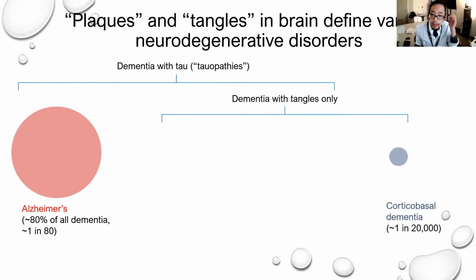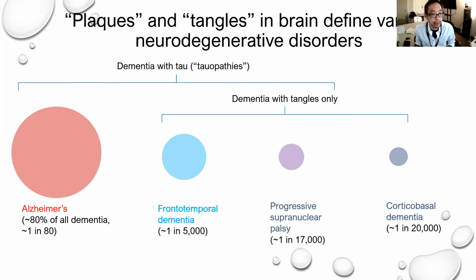So these are disorders such as corticobasal dementia, frontotemporal dementia, or progressive supranuclear palsy. So these are all disorders that only have tau, and there's no beta amyloid, these plaques. So what we can notice here is that basically the frequency of these tau-only disorders are only a fraction of Alzheimer's.